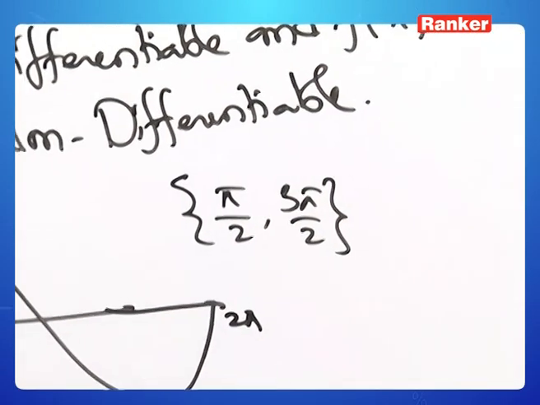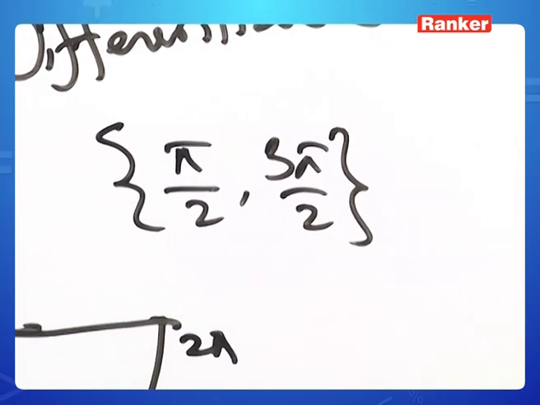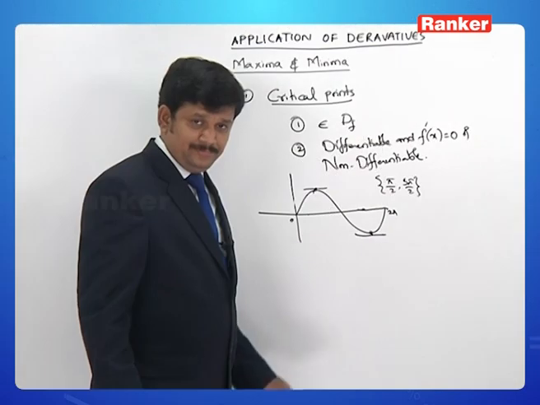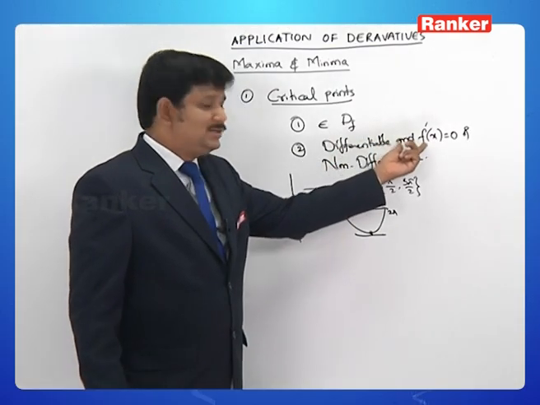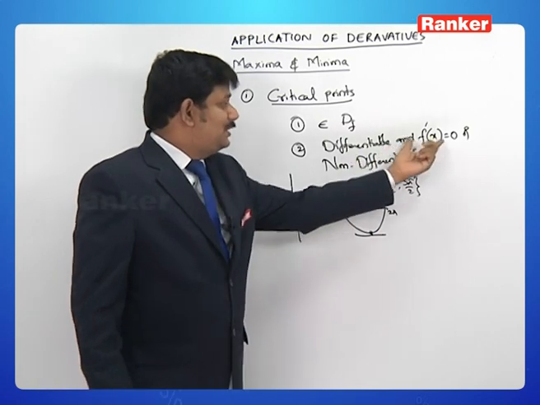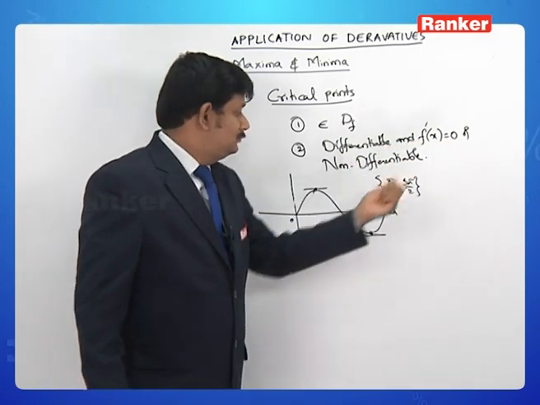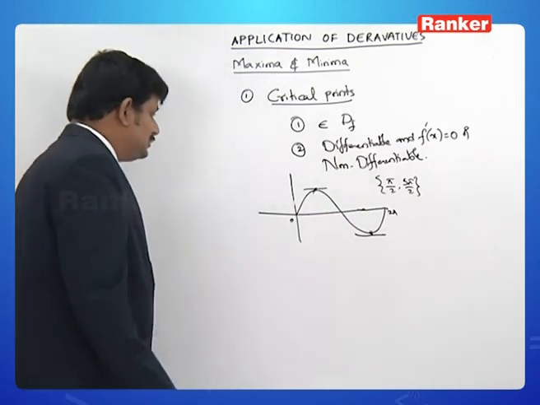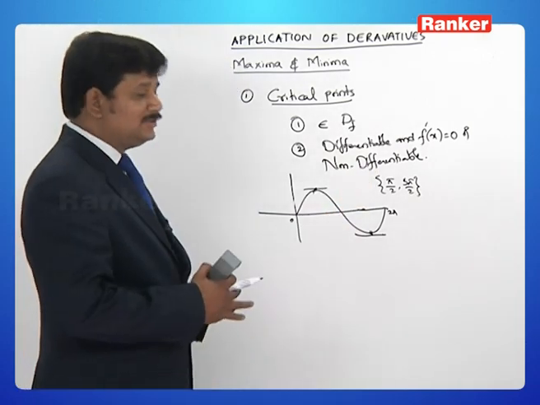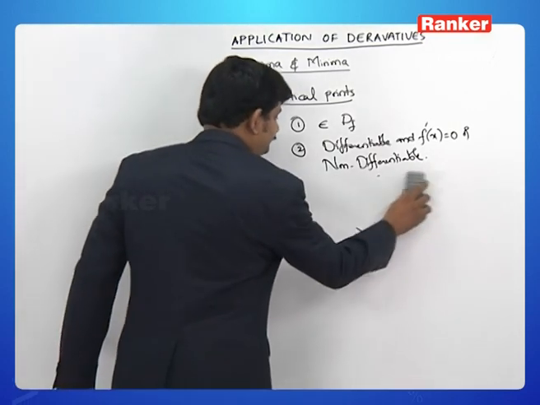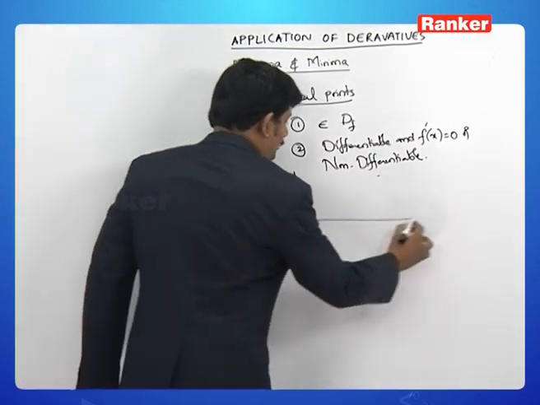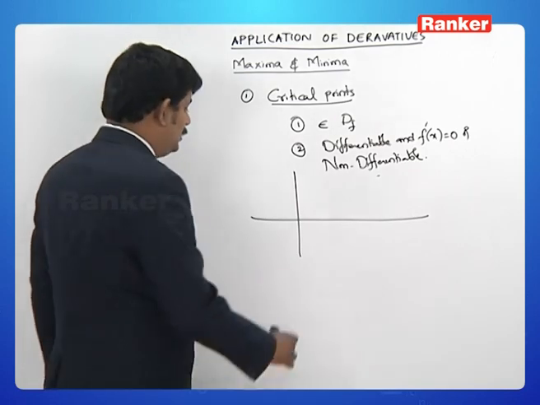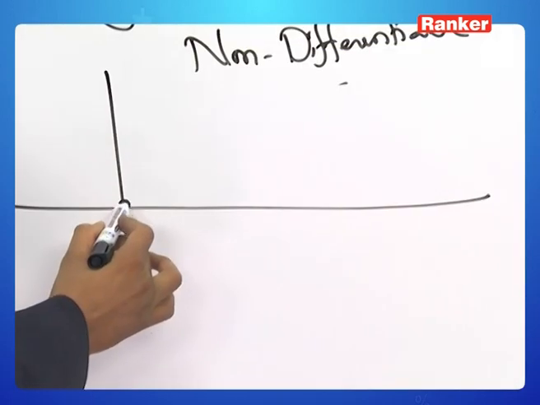So, to find critical points, we need to identify those points in the domain at which the function is differentiable and the derivative is equal to 0, or the function is not differentiable. Let me give you an understanding of this critical point with the help of a graph. Let us draw a function whose graph is this way.